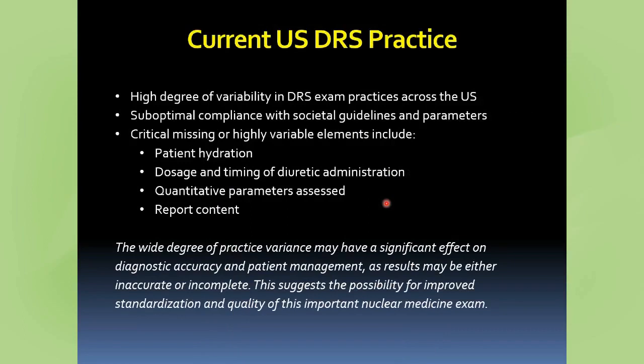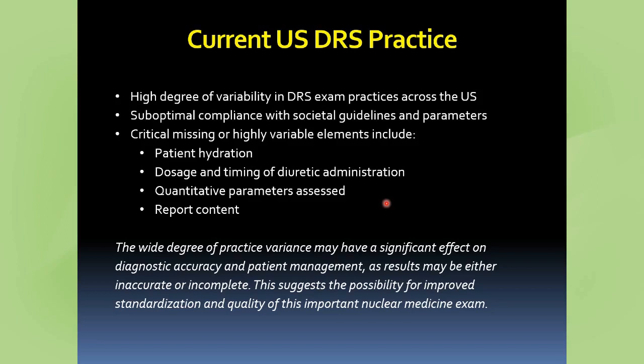So I just wanted to say, in conclusion, that there's a high degree of variability in how we're doing our diuretic renal scintigraphy exams in our practice across the U.S. We're not doing as well as we should with compliance with societal guidelines and parameters out there. There are a lot of missing or variable elements, including patient hydration, dosage and timing of diuretic administration, quantitative parameters, and report content.